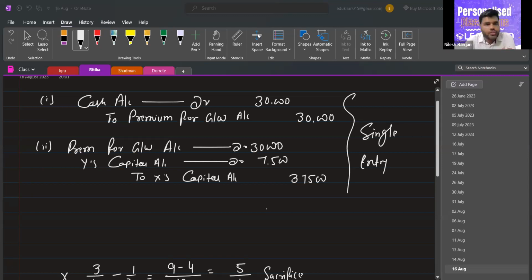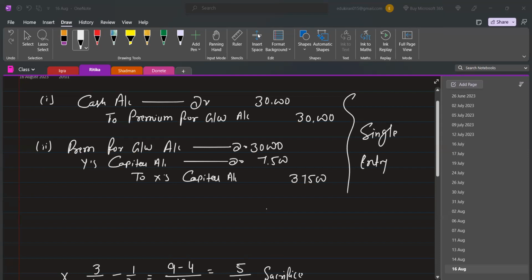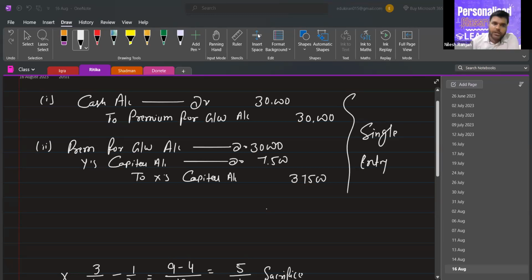Okay. So to combine these two entries, I told you that we have to look for a common account that is in both entries. Which one is it? Premium for Goodwill. It is on the debit side of the second entry and credit side of the first entry, and the amount is the same. So we will remove it. It is like plus and minus.